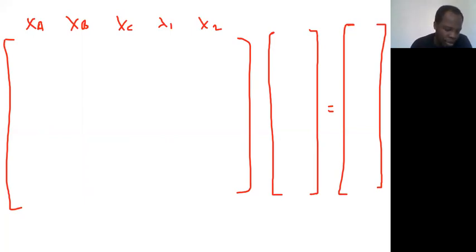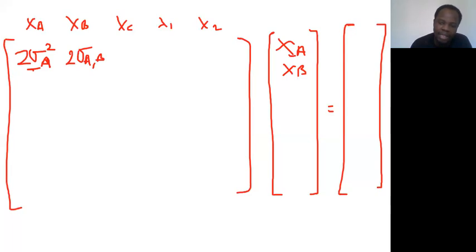I'm going to write there 2 variance of A. Then I will put the xA here, so that when I multiply this by this, it gives me the same information again, right? It's going to give me the 2xA variance of A that I have already. Now the next one that had B in it was 2xB covariance of AB. So I'm going to write 2 covariance of AB. Then I'll bring the xB here, so when I multiply this by this, it gives me this.